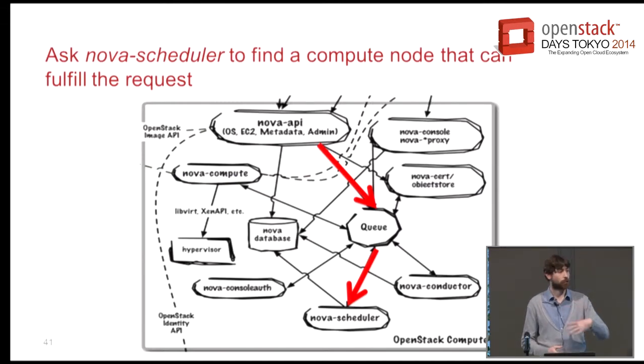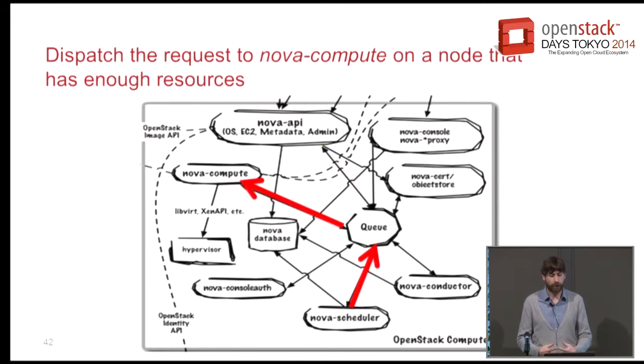The Nova scheduler will then pick up that message off the queue and determine which Nova Compute service has the best available resources to run that virtual machine. When it's selected a Nova Compute resource, it will put a message on the queue, and the particular Nova Compute service can pick up that message, and it knows that it needs to start a virtual machine with an Ubuntu 12.04 image using the network MyNet.